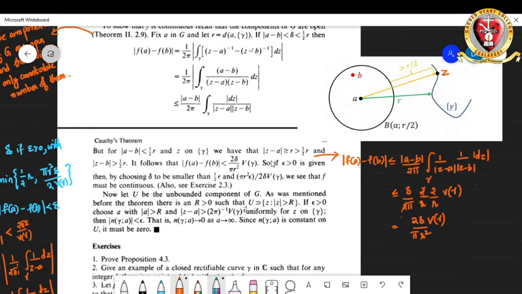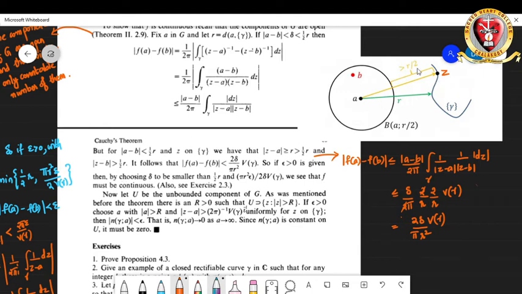That will mean modulus of z minus a is greater than or equal to r. It can be r or greater than r, because r is the minimum distance between a and the curve. So modulus of z minus a is greater than or equal to r, which is definitely strictly greater than r by 2. And z minus b will also be strictly greater than r by 2.